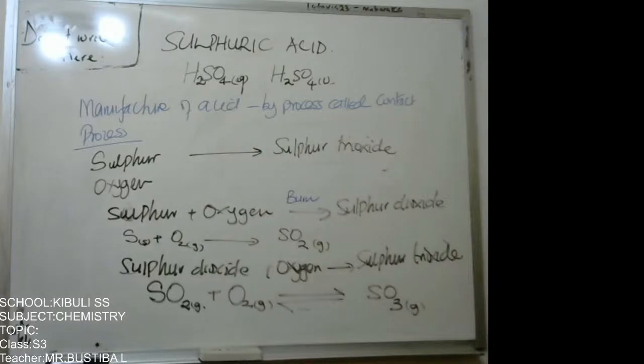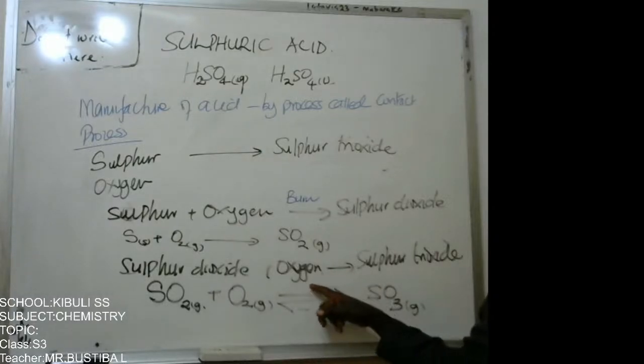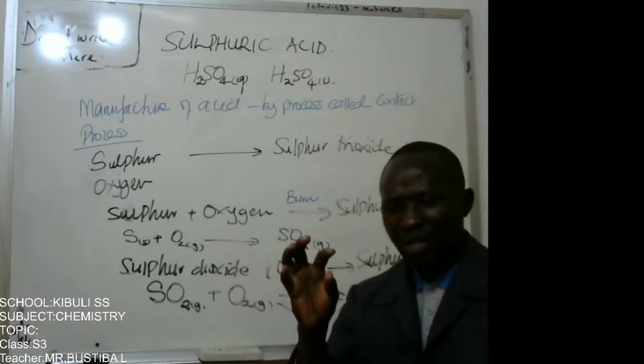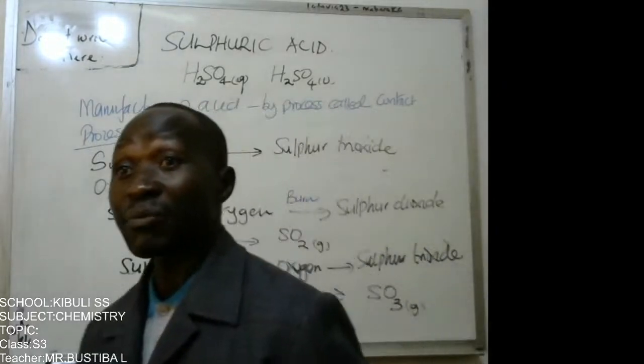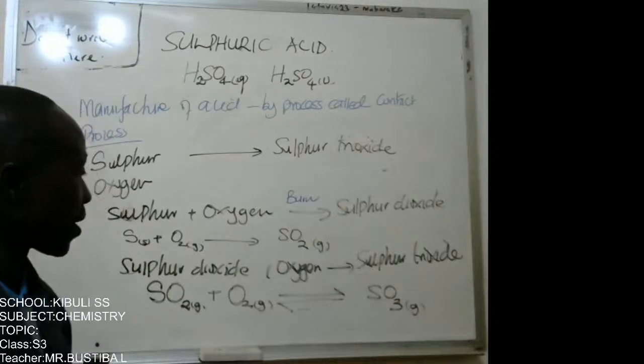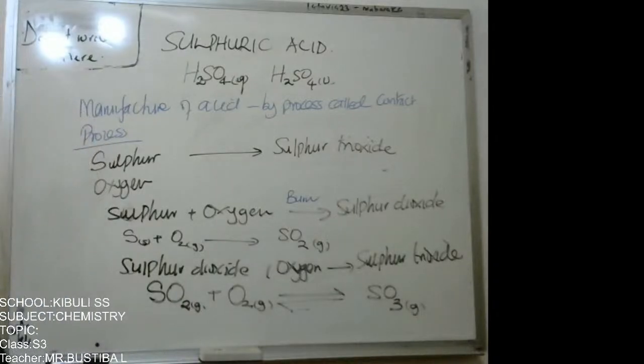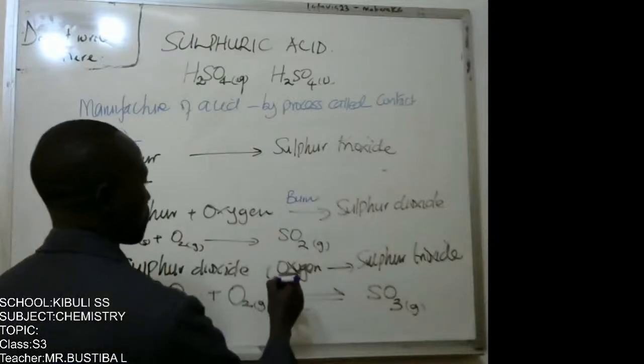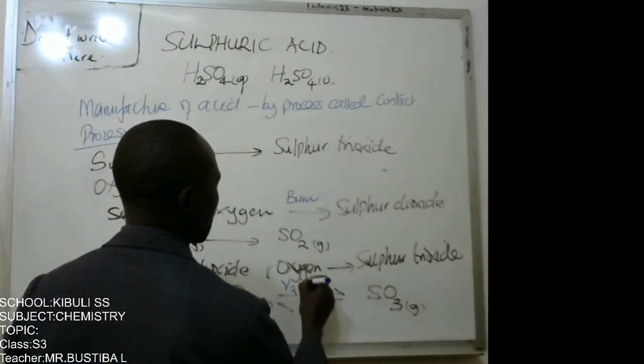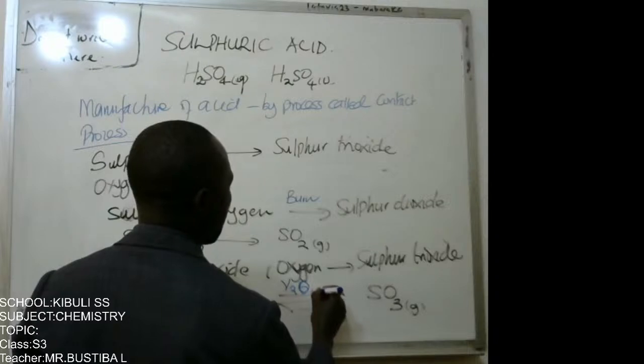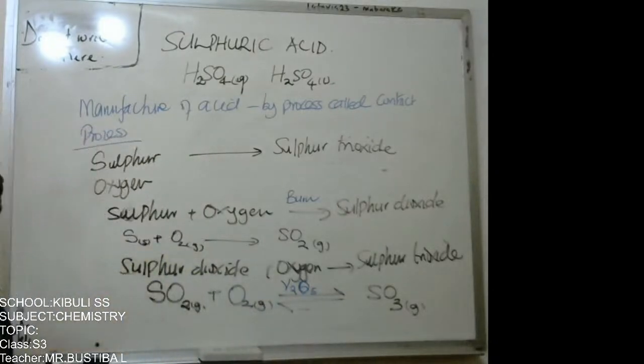Before we continue, for this reaction to take place, certain things must be fulfilled, which you refer to as the conditions for the reaction. Ladies and gentlemen, this reaction is catalyzed. The catalyst we are going to be using will be vanadium pentaoxide, or vanadium(V) oxide.